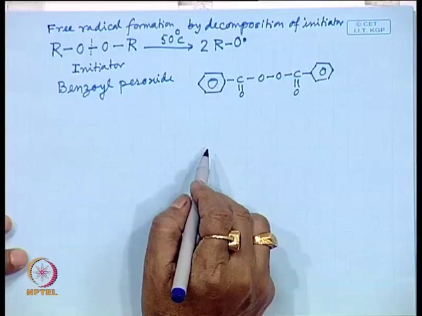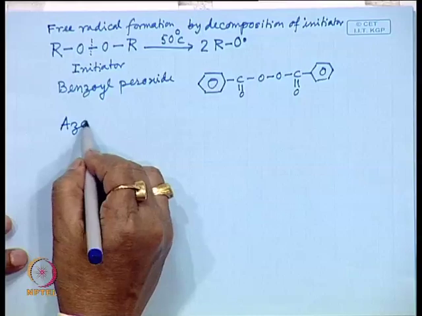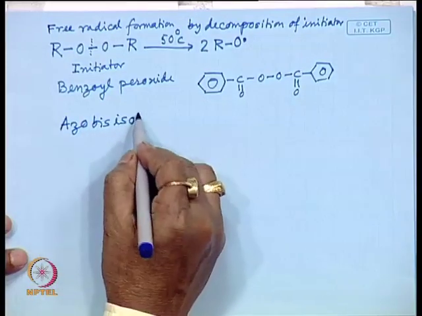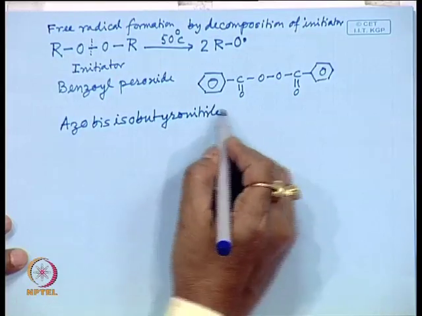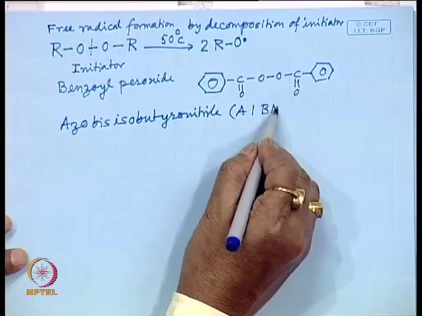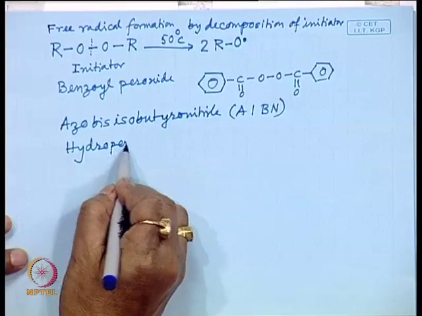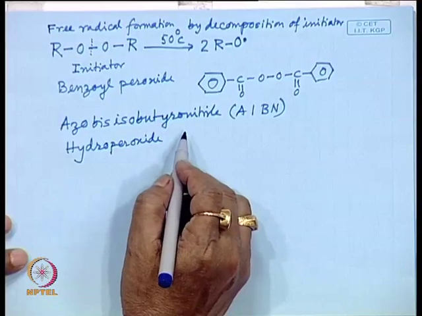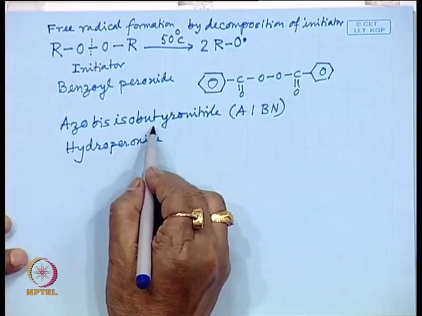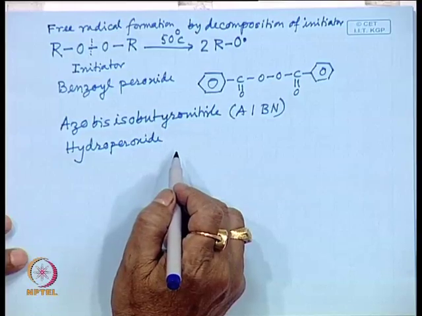BPO molecule, or you can have some hydroperoxide, say cumene hydroperoxide, yes, or AIBN, azo-bis isobutyronitrile.